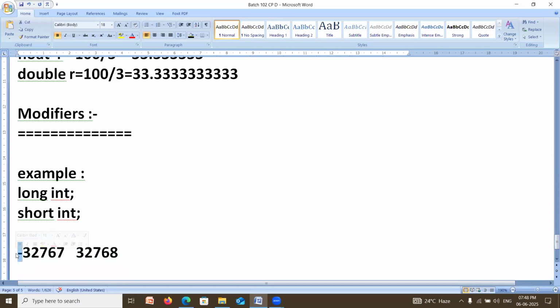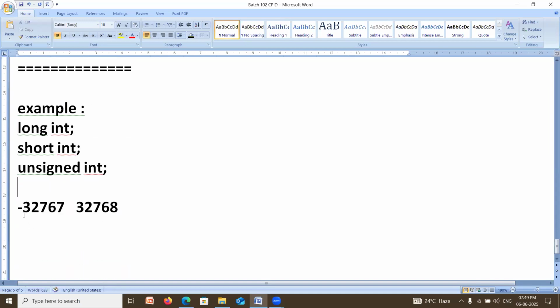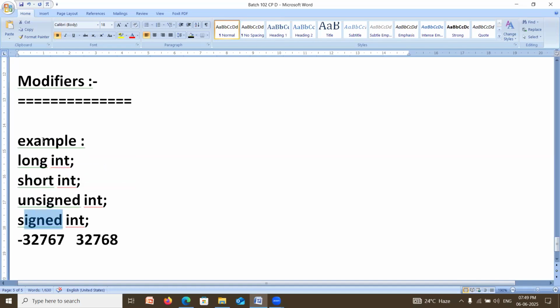Negative numbers compulsorily have the sign. It doesn't have sign, so it is called unsigned integer. Negative numbers always have the sign, so it is called signed integer. This long, short, signed, unsigned, these are called modifiers.